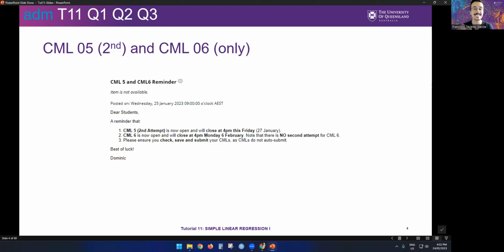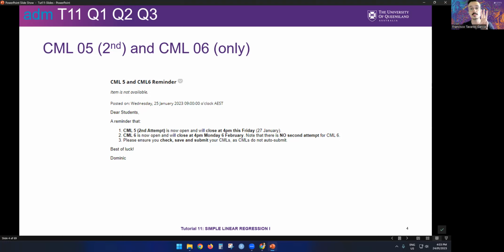Another thing, CML 6 is also open and will be open until next Monday. CML 6 has only one attempt. There's no second attempt for it. But the good thing about CML 6 is if it's above any of your CMLs' best scores, like the best score of CML 1 or 2 or 3 or 4 or 5, CML 6 will replace it.